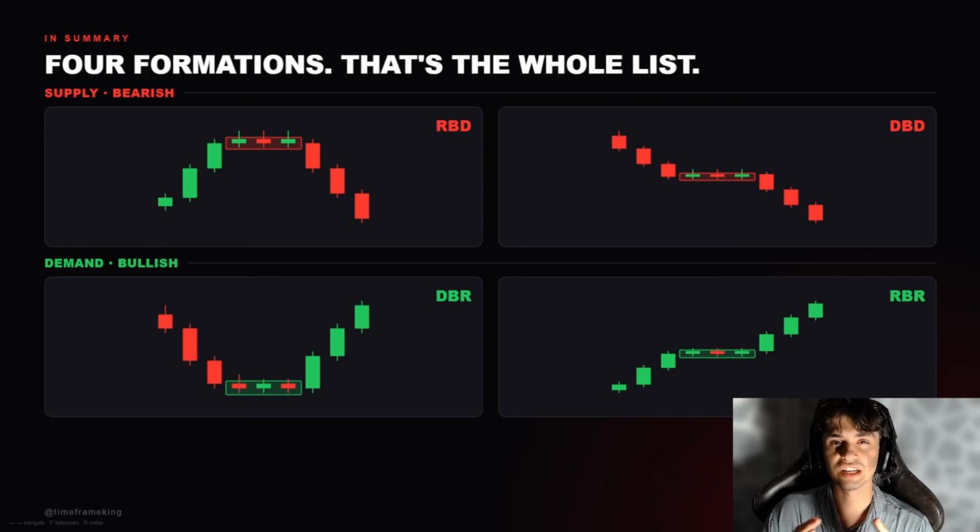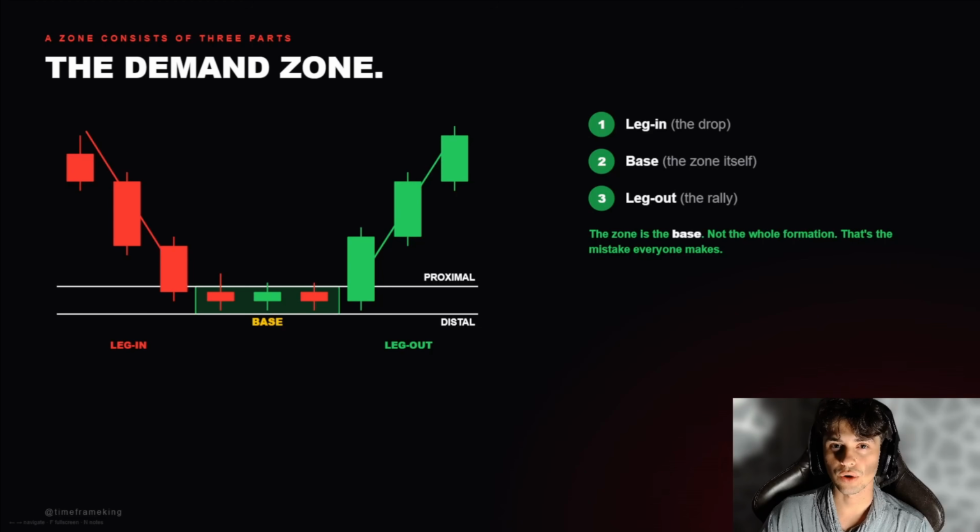Now, we're going to zoom into one and see what a zone actually is. The demand zone consists of three parts. One, it's the leg in. The drop, it can also be a rally sometimes, that delivered price down there in this example. Two is the base. And three, it's the leg out, the rally that proved buyers were in that area. Now, look at where the box is, okay?